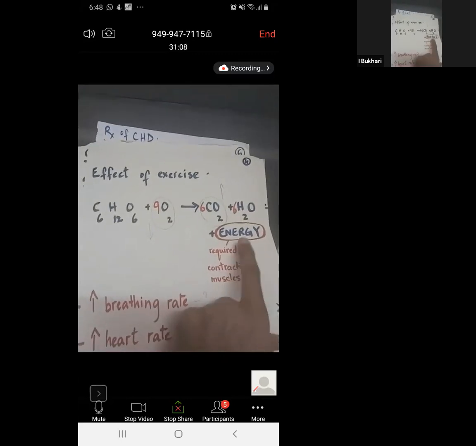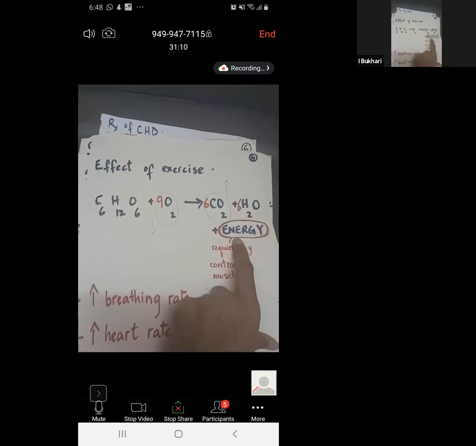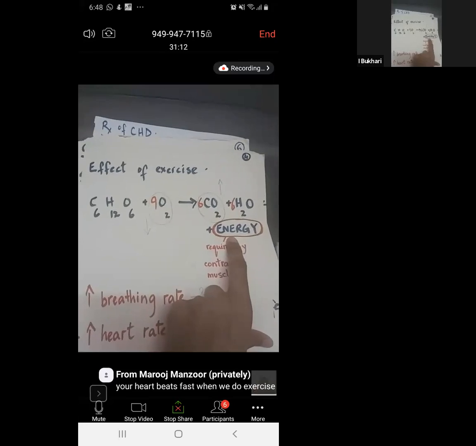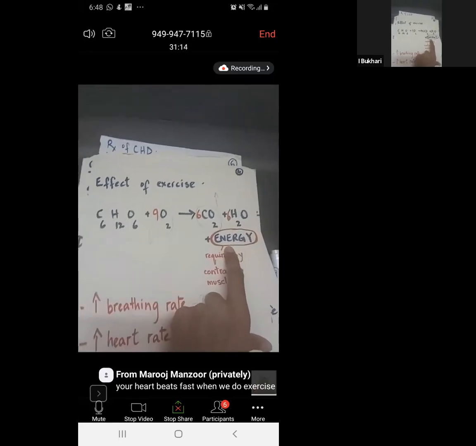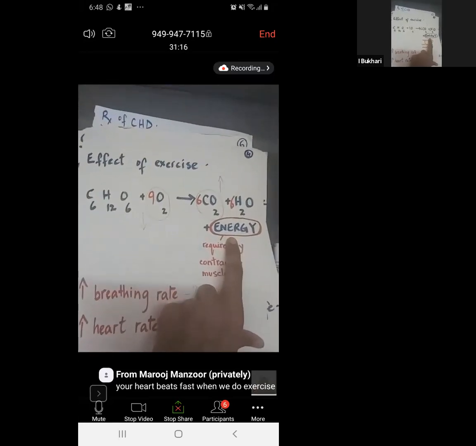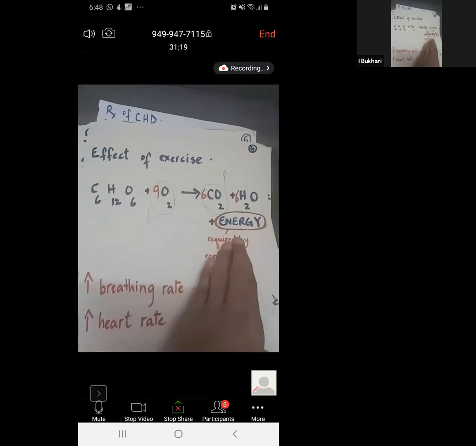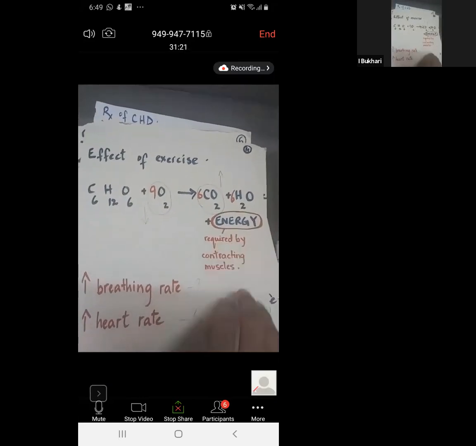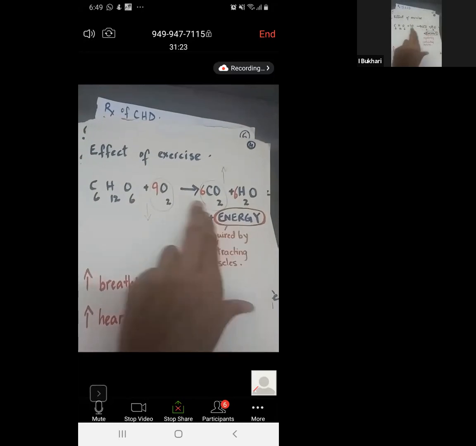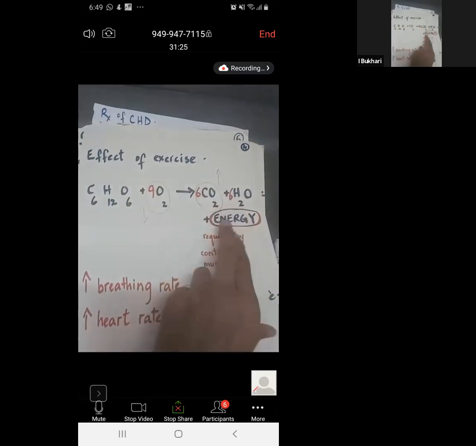Now, when the muscles are contracting, they require lots and lots of energy, especially the cardiac muscles, which are beating all the time. They require a continuous supply of energy. Therefore, when you are exercising, the rate of this reaction increases.